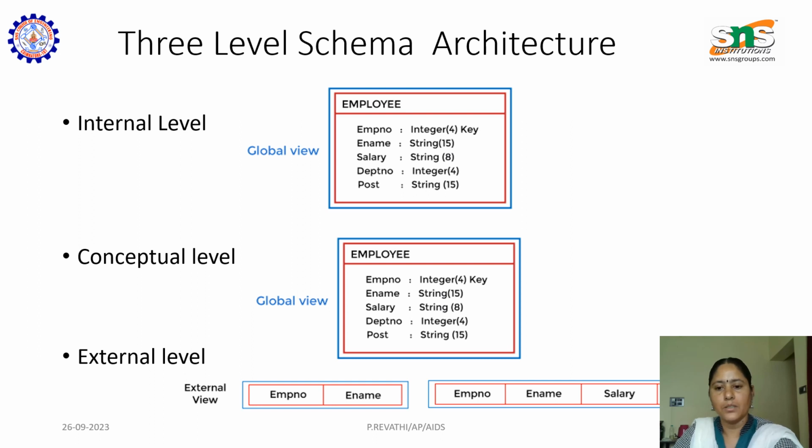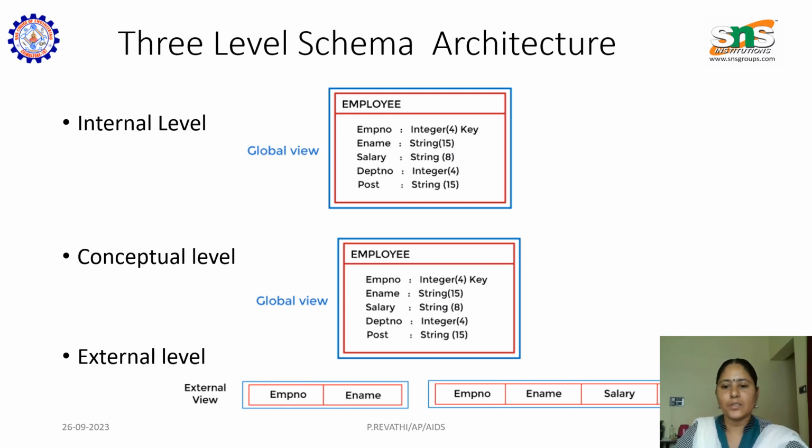Employee number, employee name, salary, department number, post are column names; integer, string, integer, string are data types. Integer of 4, string of 15, string of 8, integer 4, string 15. It measures the size of the data type.